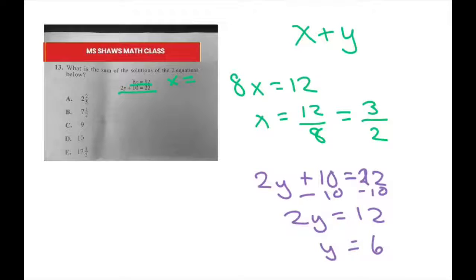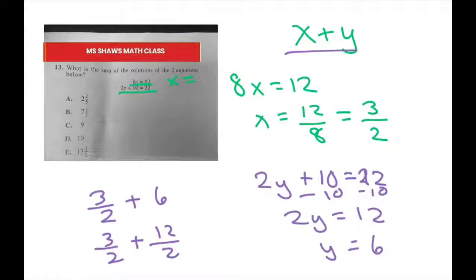So we have, if we use this, x plus y, we have 3 halves plus 6. So that's 3 halves plus 12 over 2. Remember, you have to have the same common denominator. I guess you could use the calculator.